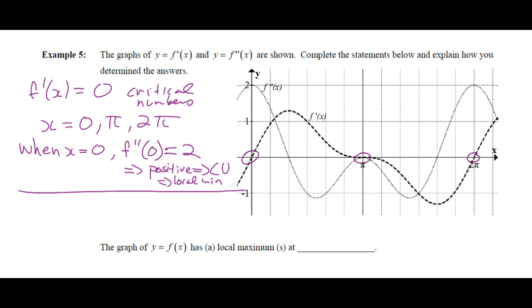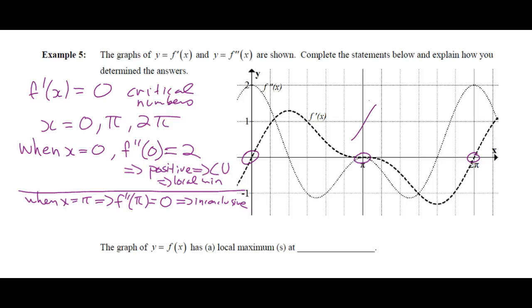Okay, what are we going to say when x equals pi? f double prime of pi is equal to 0. So what does that mean? Inconclusive. Let's just do it now. So what do we have to go with? First derivative test. As we approach pi, the first derivative is positive, and then it is negative.